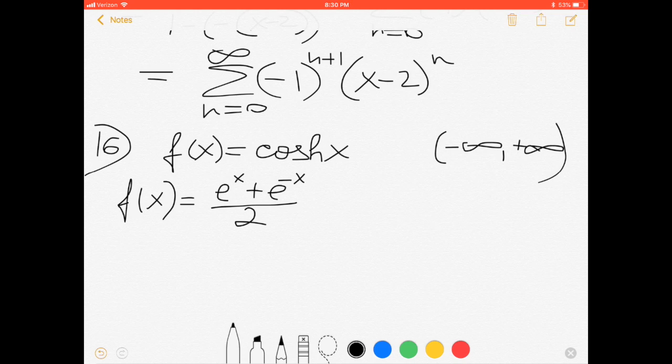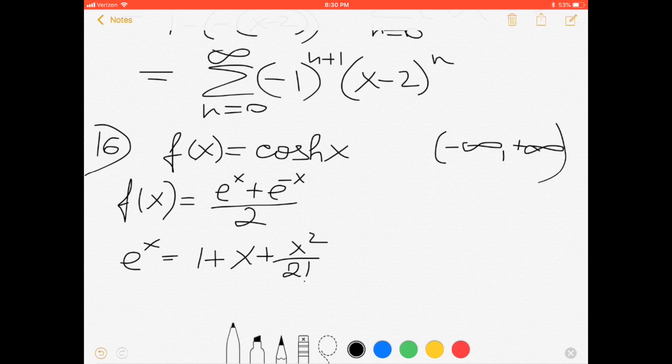e exponent x, you can take it from the table. It will be 1 plus x plus, or we build a couple of times, x squared over 2 factorial.